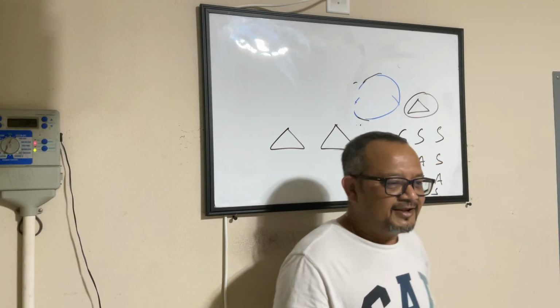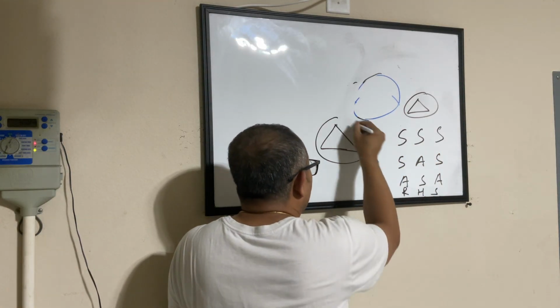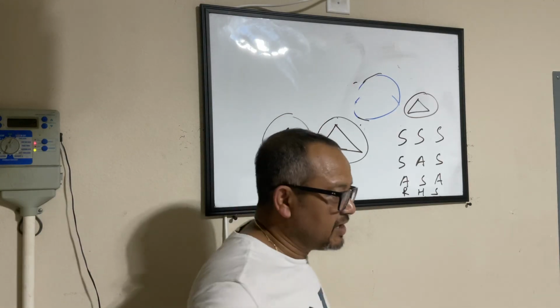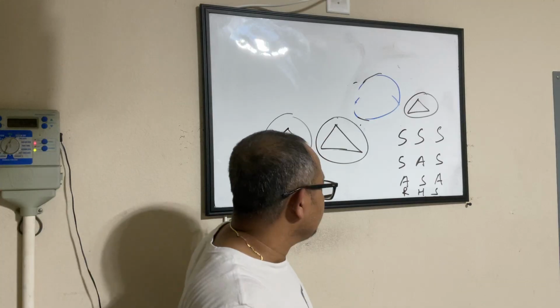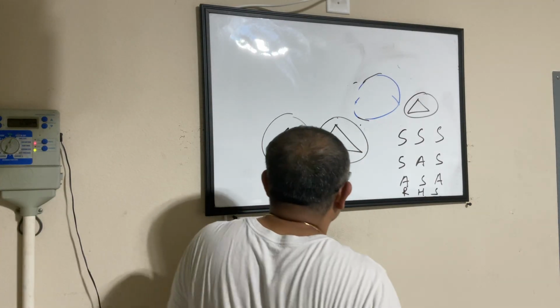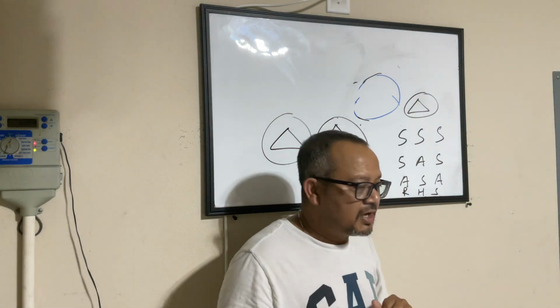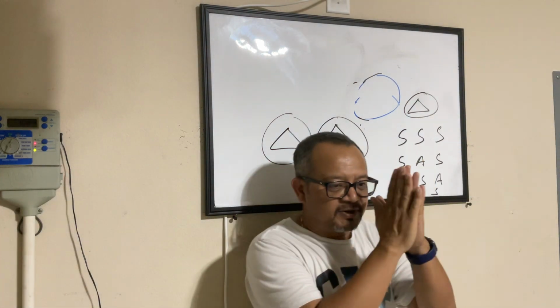Alright. Congruence and identical are the same words. We can use them interchangeably. Now when we say two triangles are congruent, are we going to take a copy of this, paste it on this and check whether they are congruent or not? No. There is a mathematical way of doing it. I gave you the example of my hand being congruent.